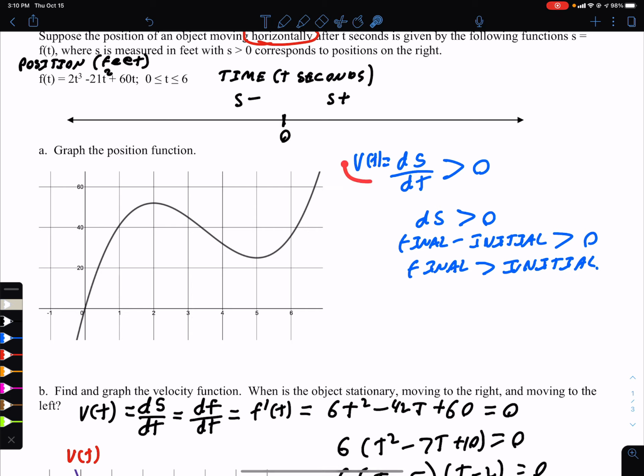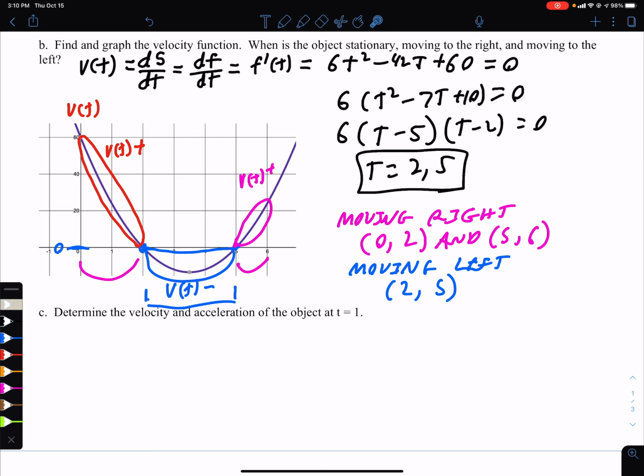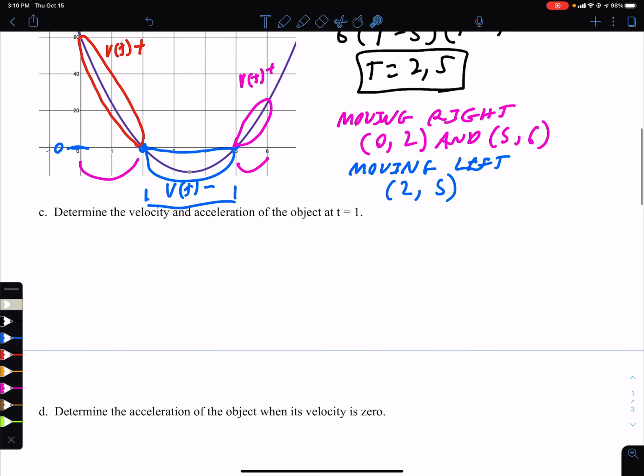So if your velocity is positive, that means your position is getting bigger because your final has to be bigger than your initial to get a positive. So you have to be moving in the direction of bigger numbers, which is to the right in this case. So that's why positive velocity is right, negative velocity is to the left. And that takes care of part B.